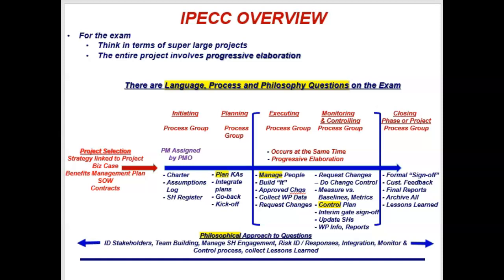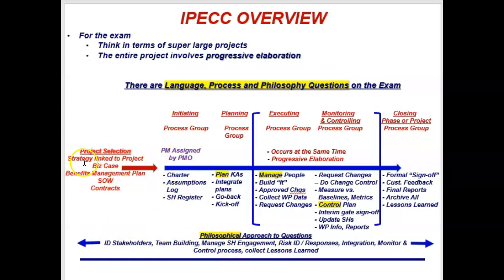You would say in the initiating process group, in red there in the vertical, and in the process called identify stakeholders. That's the process answer. If I asked you when by philosophy you were identifying stakeholders, look at the bottom of the slide. Philosophically, you'd say, well, I am always identifying stakeholders. So one is a process answer, one is a philosophical answer.